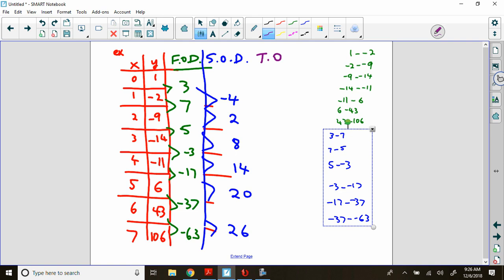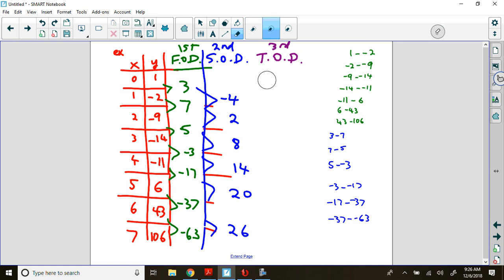So my third order finite differences. This was first, this was second, and I'm about to find the third. What's negative 4 minus minus 2? Negative 6. Okay.